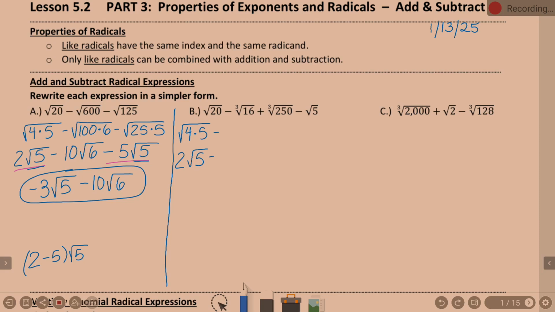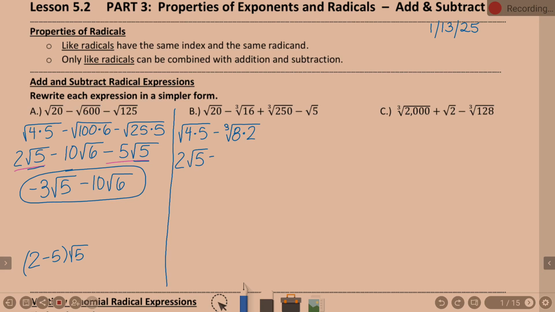Cube root of 16. Go to your cube root column on your blue paper if you need to. Is 16 a perfect cube? No. But does it divide by a perfect cube on my blue paper? It divides by 8, doesn't it? Okay. So 16 is 8 times what? 2. Now, make sure you have that little 3 in there signifying it's a cube root.